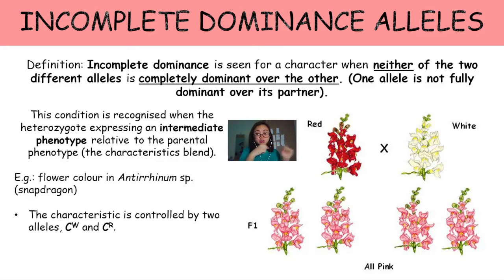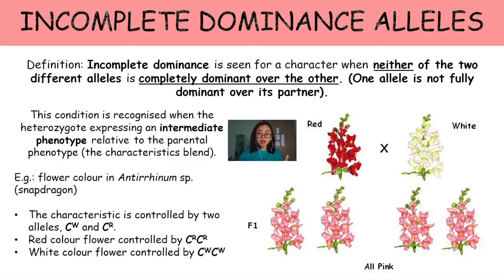Kita tengok balik ini contoh snapdragon flower. Dalam snapdragon flower ini, karakteristik untuk warna bunga, the characteristic for flower color, is controlled by two alleles, which is CW, CR. Boleh teka mana satu untuk white, mana satu untuk red? Yeah. So the red color flower is controlled by CR, CR.